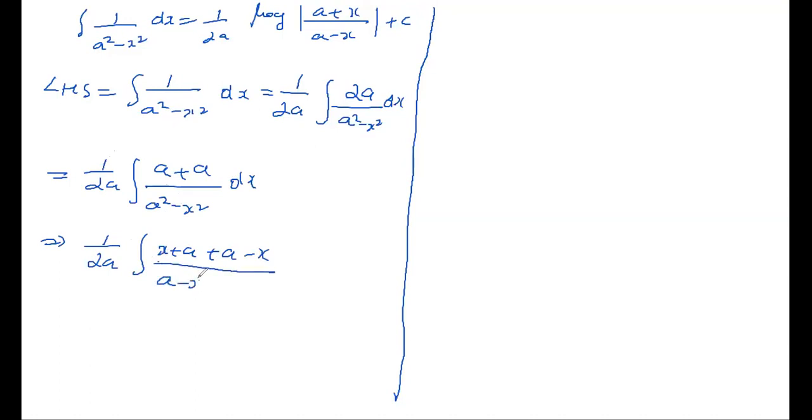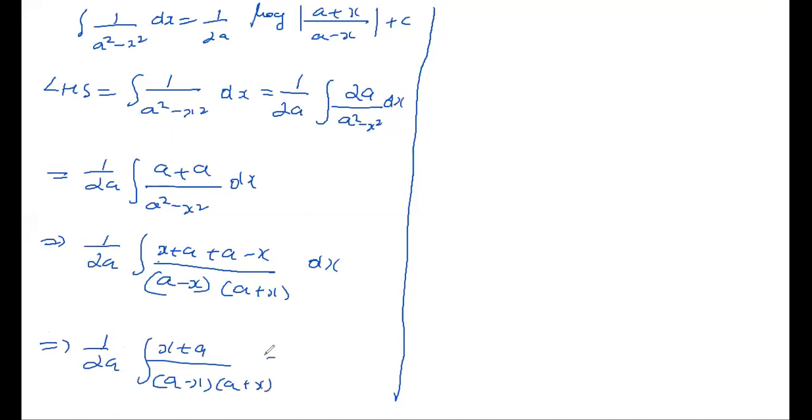I'm writing it as (a minus x) into (a plus x) dx. Now it becomes 1 by 2a into, make the terms separate, (x plus a) divided by (a minus x)(a plus x) plus (a minus x) divided by (a minus x)(x plus a) dx.